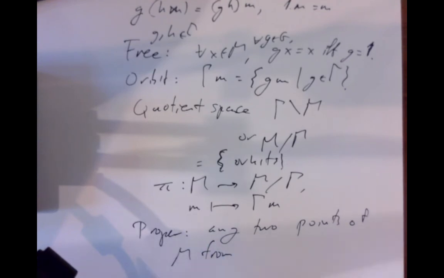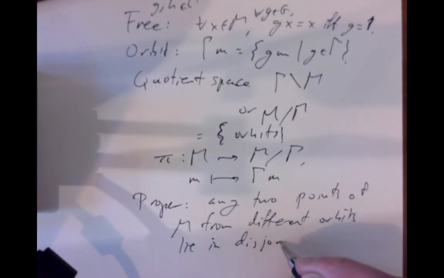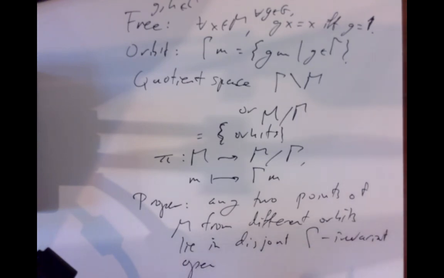An action is said to be proper if any 2 points of M from different orbits lie in disjoint gamma-invariant open sets, not just any open sets, because when we're working with group actions, we have to think about invariance. So they have to lie in gamma-invariant open sets. Okay, so those are all the definitions we need about group actions. Let's go back over them.